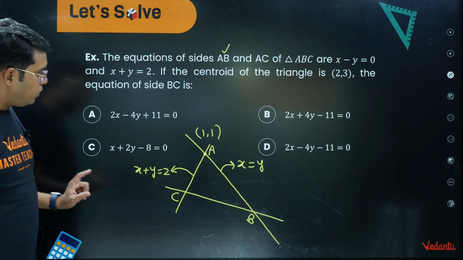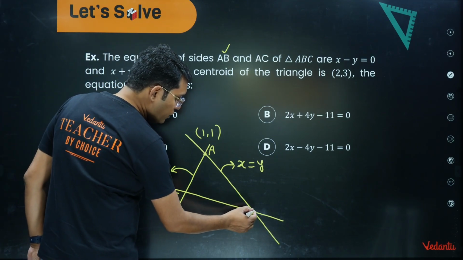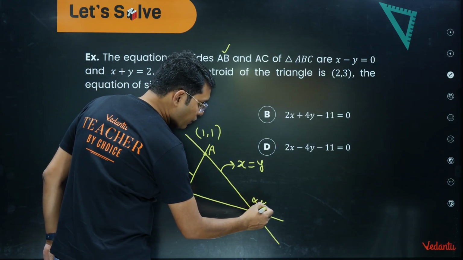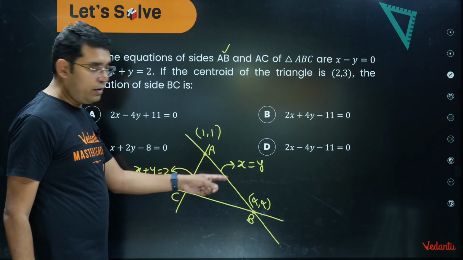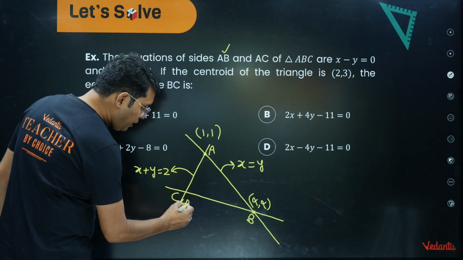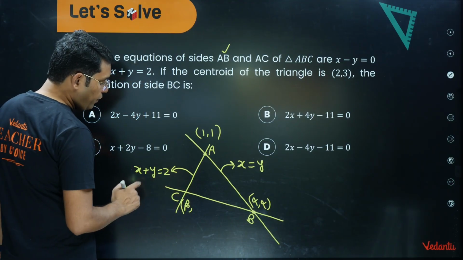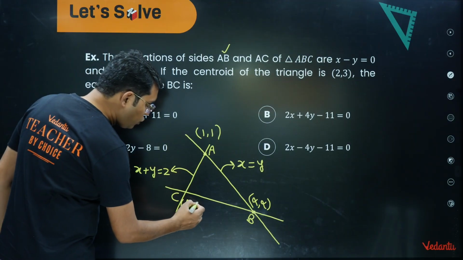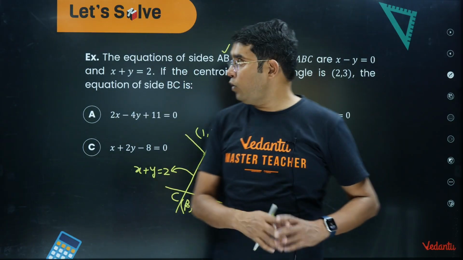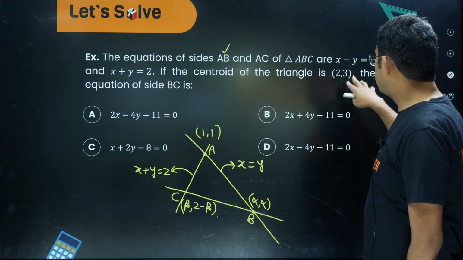Now, this point B, as I told you in the beginning of the session, you can take as (alpha, alpha), because if the x coordinate is alpha, y will also be alpha. Similarly, if you take C as (beta, ...), the x coordinate is beta, and the y coordinate of C will be equal to 2 minus beta.